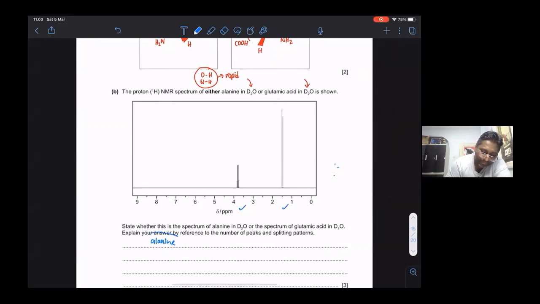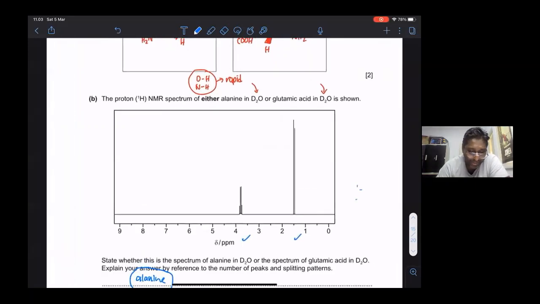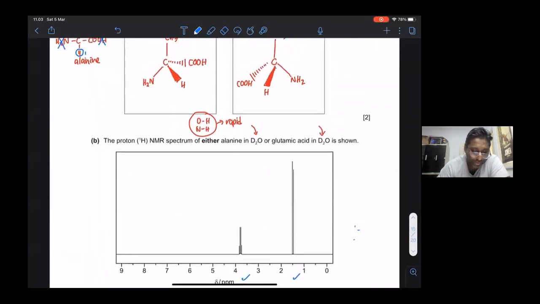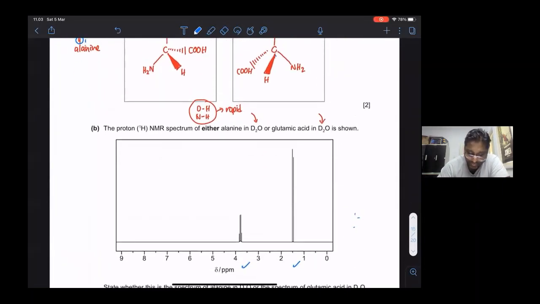So I just need to confirm whether this is alanine or not by looking at the splitting. This is going to be high resolution NMR. If you look at this one, there is going to be a quartet, so 4 splittings. If you have a quartet, it means that your neighboring or adjacent carbon's hydrogen environment has 3 other hydrogens.